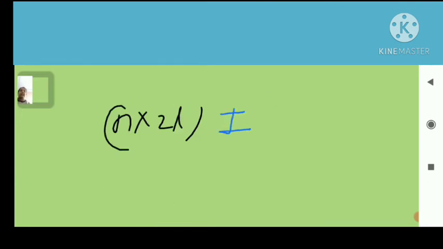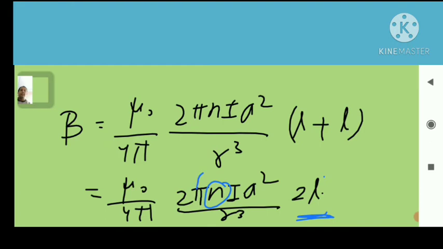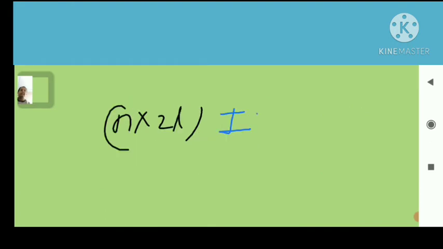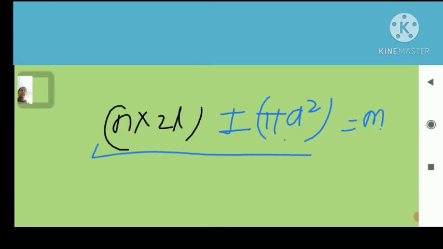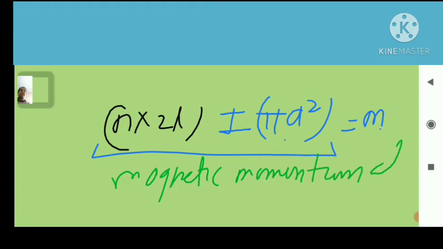I, and the area pi a square. This is the magnetic moment of a solenoid. This is called the magnetic moment of a solenoid.